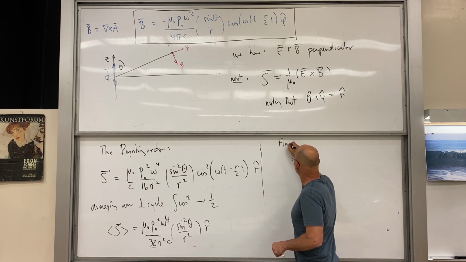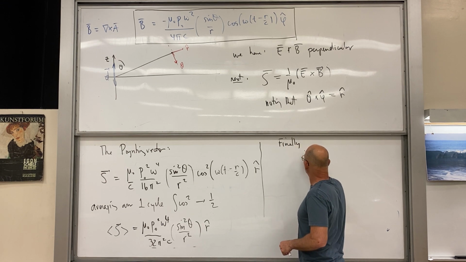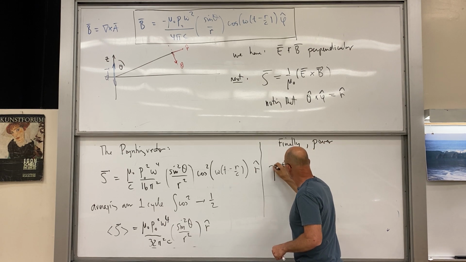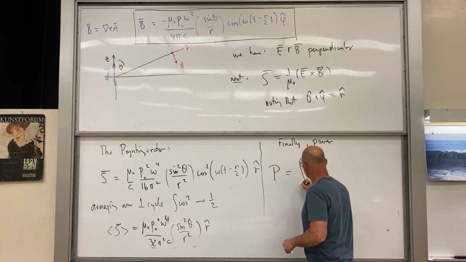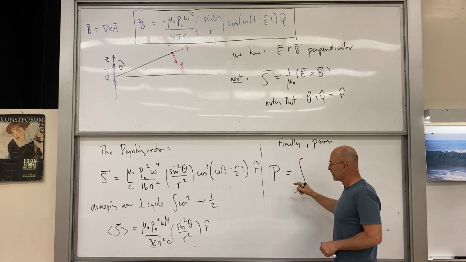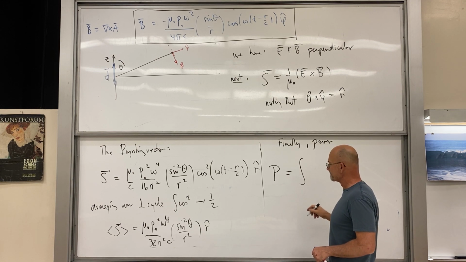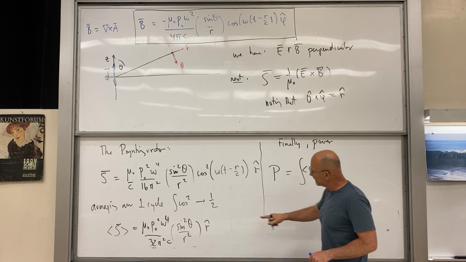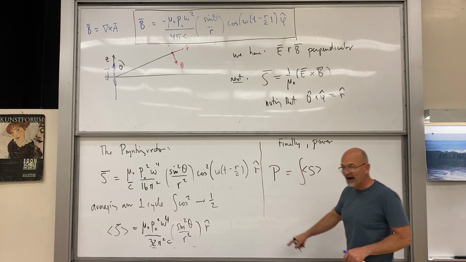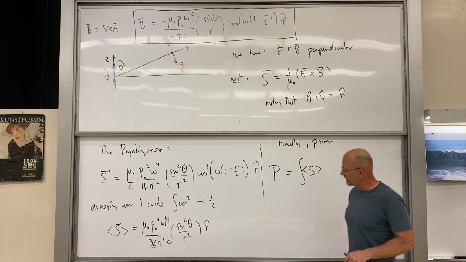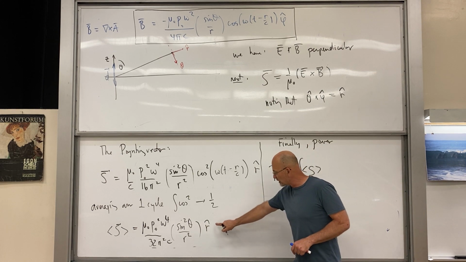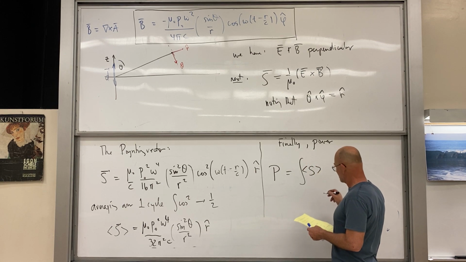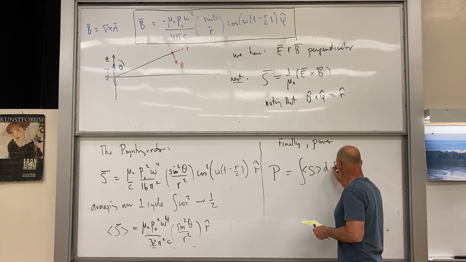Finally, for power, we will integrate S magnitude. The r hat and the d area are going to be parallel vectors, so that'll get rid of that vector there. So it's just S dA.